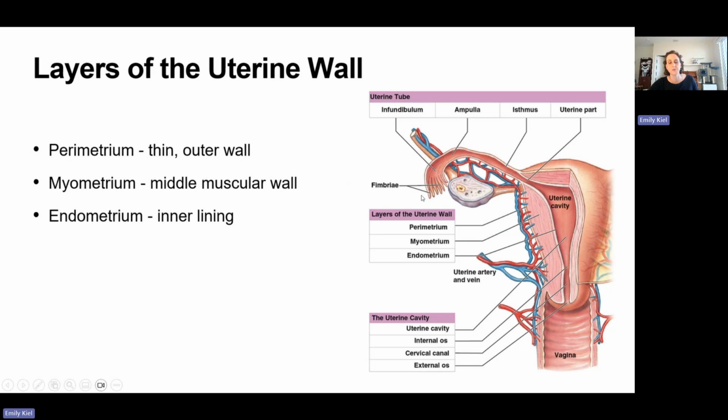You've got your fimbriae, which kind of wave the egg in to the infundibulum. There is an ampulla, through to the isthmus, and then into the uterine part. And then here, we've been talking about this internal os, but you're able to see the internal os from this particular cavity. And then you can also see the rich blood supply that is here.